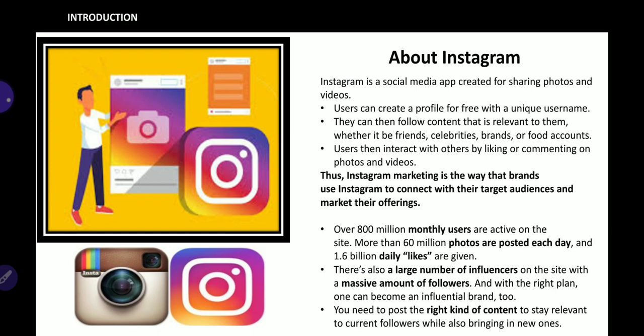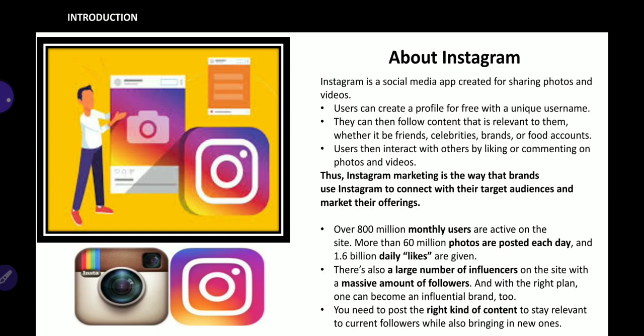More than 60 million photos are posted each day, and 1.6 billion daily likes are given on this popular platform. There is also a large number of influencers on this website, which gives you a massive opportunity to tap your consumers through these influencers.